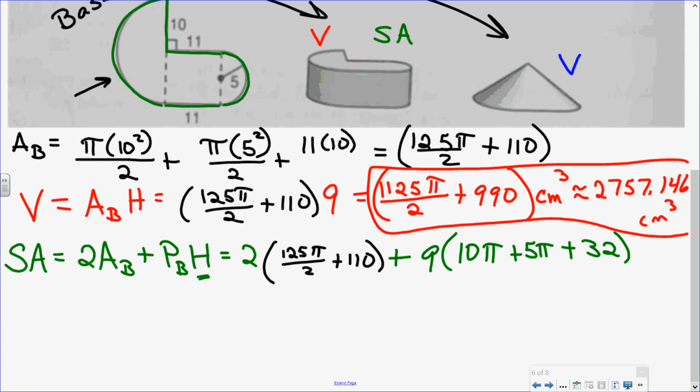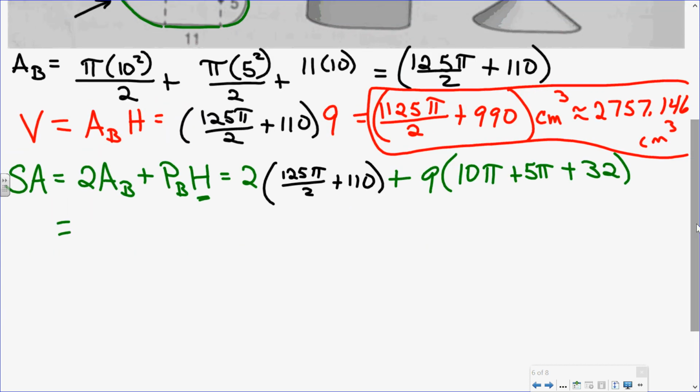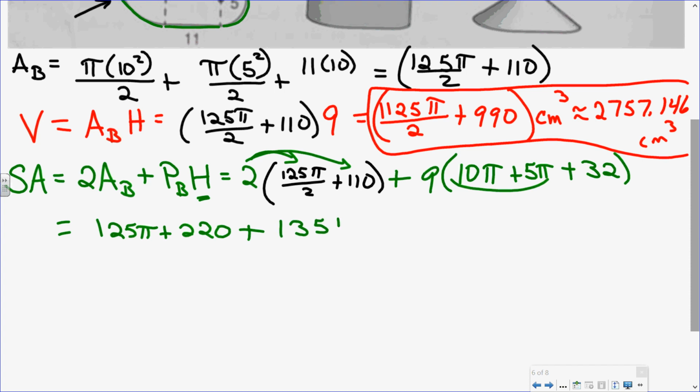Let's see if we can simplify this a little bit now. If I distribute my 2, I get 125 pi, and I get 210, or 220. And if I distribute my 9, let's see, that's 15 pi. 9 times 15 gives me 135, then times pi.